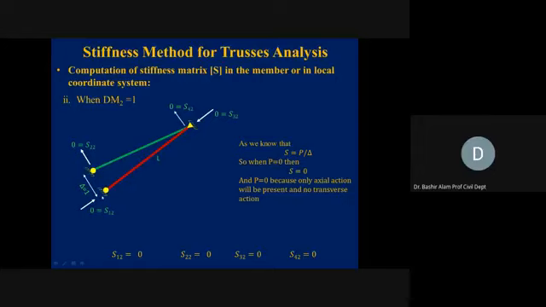Along the axis, the force produced will also be equal to 0. And to put this system in equilibrium, these forces will also be equal to 0. So S in 1 due to 2, S in 2 due to 2, S in 3 direction due to 2, and S in 4 direction due to 2, all these are equal to 0. And we record all these values. So the second column as a whole is equal to 0.